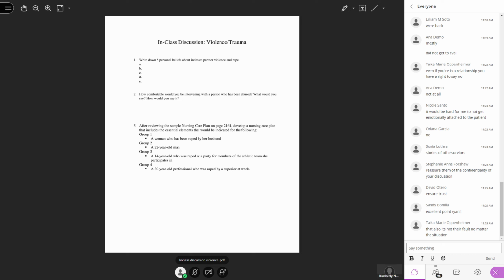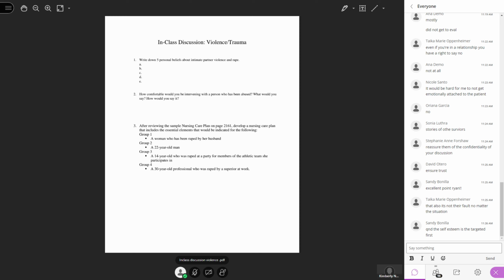I agree. That's something I was thinking too. I think what you were trying to say is the abuse doesn't have to continue, or you don't have to tolerate it. Is that what you're trying to say, Ryan? Yeah, I think that's what I was trying to say. Not that they don't have to tolerate it, but that we're here to try and end this, and we have the resources for you if you choose to end this, I guess.